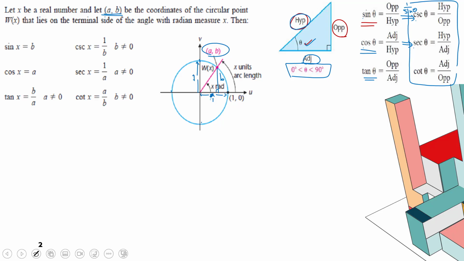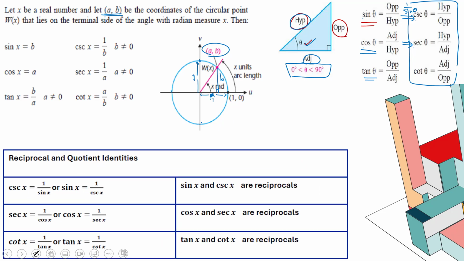So all of these functions will be in the formula sheet. Okay, this is what we call the reciprocal and quotient identities. Reciprocal means 1 over the basic function, sine and cosine, right? 1 over any function is called the reciprocal function. Okay.